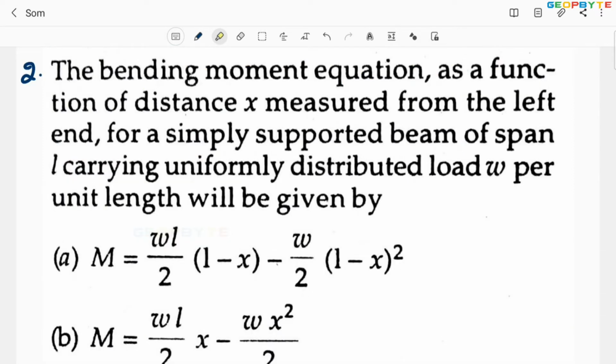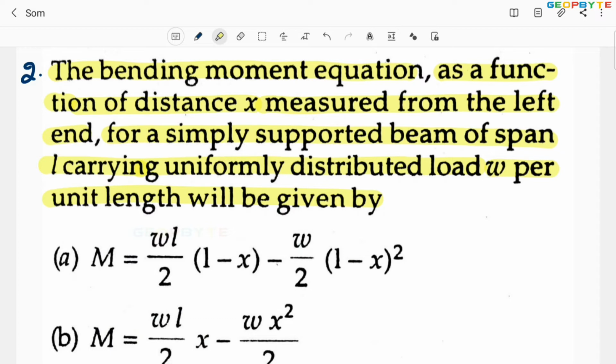Look at the second problem. The bending moment equation as a function of the distance x measured from the left end for a simply supported beam of span L carrying a uniformly distributed load W per unit length will be given by.